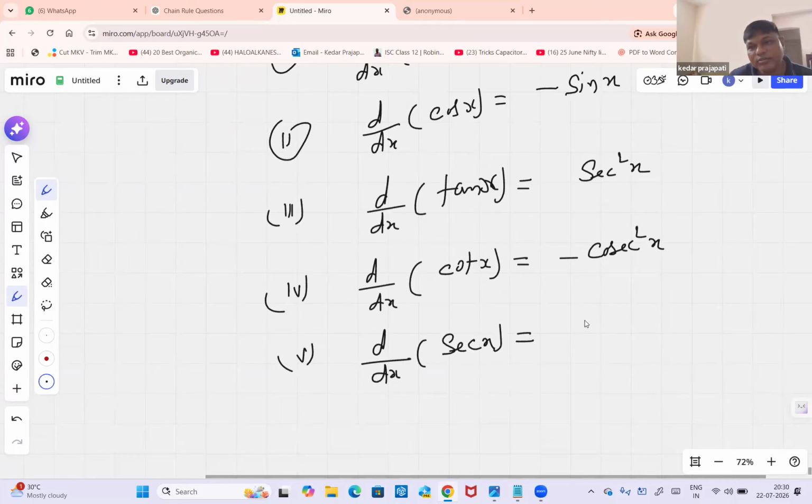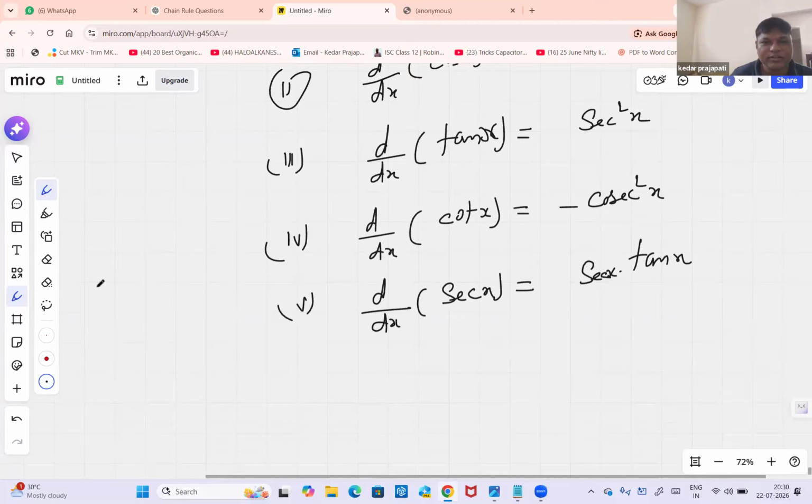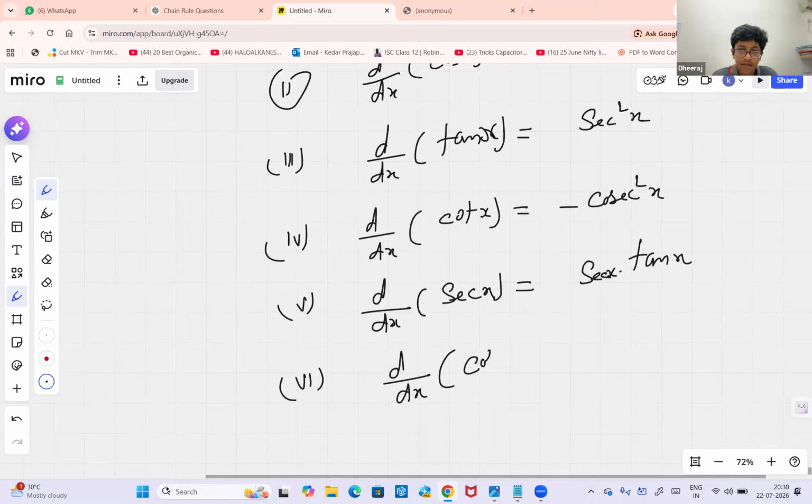Sec x, tan x, right? Not sin x, tan x. Very important. People get confused. Now d by dx of cosecant will be minus, same cosec formula: cosecant x into cot x.